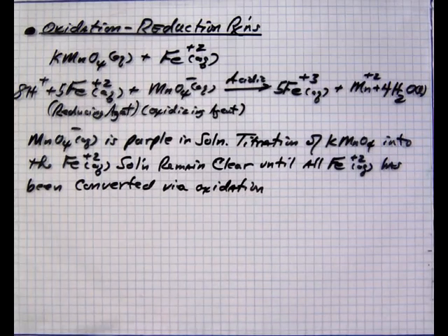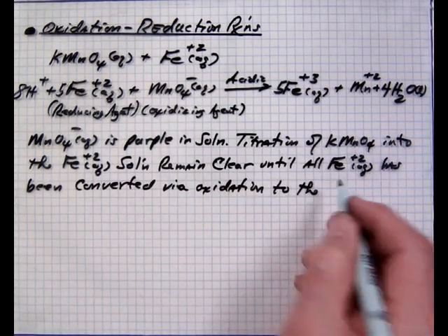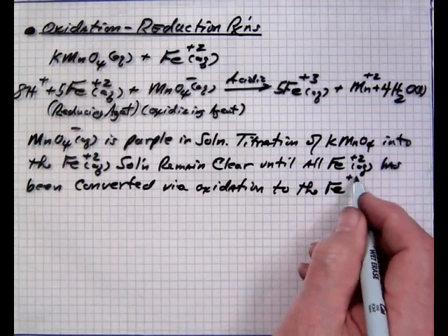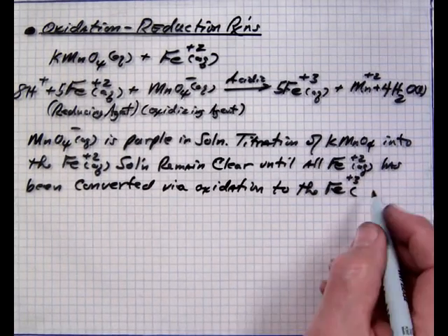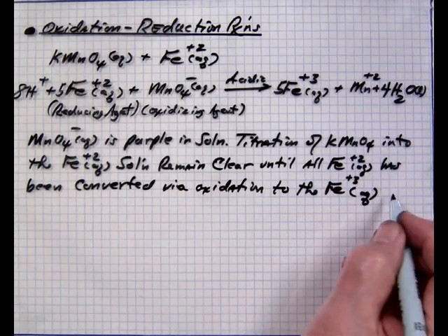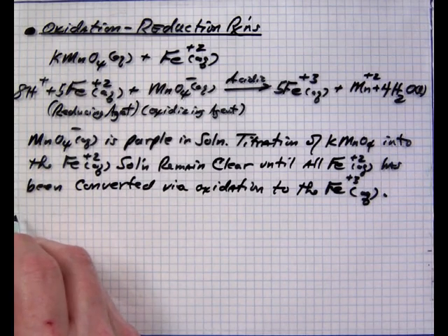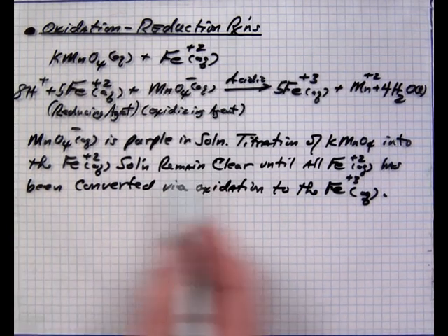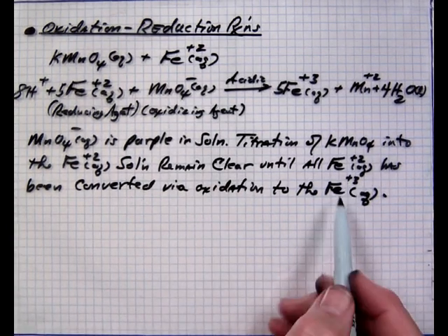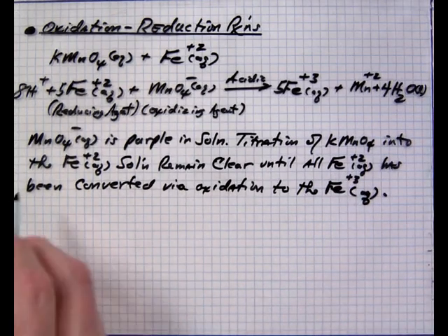Reducing agent, it undergoes oxidation, converting to the iron 3, the ferric ion, ferrous to the ferric. Okay, like that. The solution will remain clear, like I said, until we've converted all of the iron 2 to iron 3.